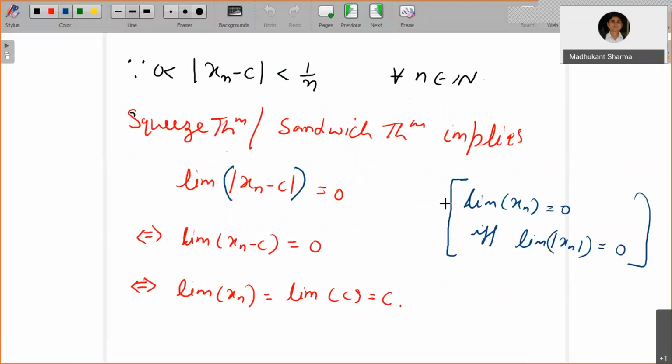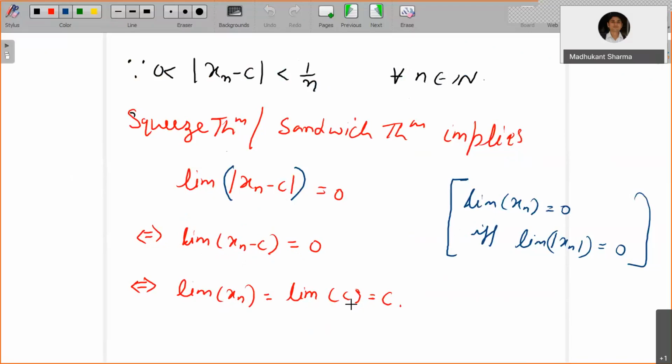Now, the limit of xn equals 0 if and only if the limit of mod xn equals 0. So therefore this is true if and only if the limit of xn minus c equals 0. And then you can work out with the algebra of sequences, the sum and the difference of sequences. Then you can show that the limit of xn is nothing but c.